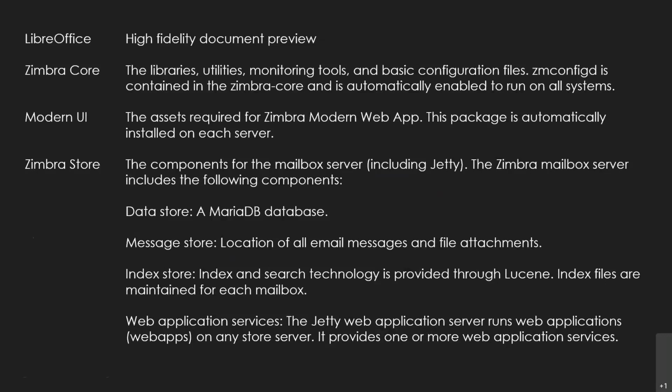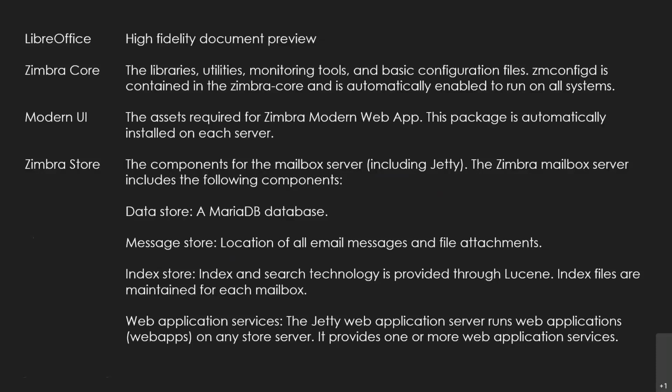And Zimbra Core has libraries, utilities, monitoring tools, and basic configuration files. zmconfigd is contained in the Zimbra Core and is automatically enabled to run on all systems. And modern UI. The assets required for the Zimbra modern web app; this package is automatically installed on each server. And Zimbra Store.